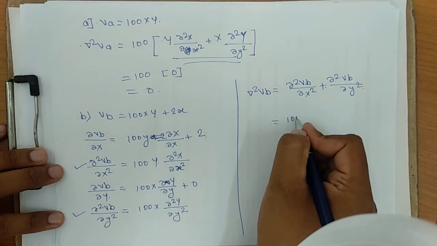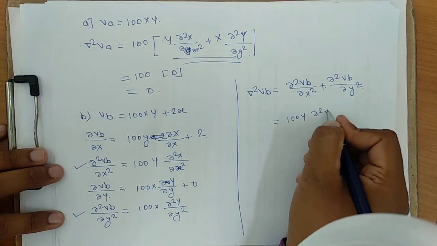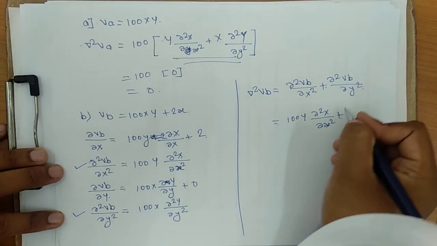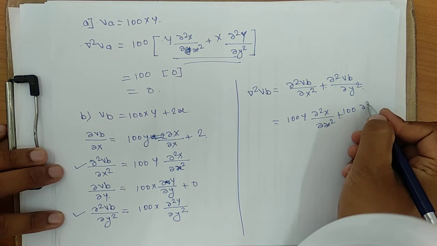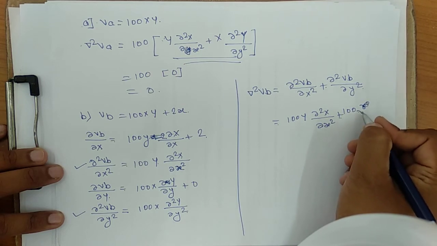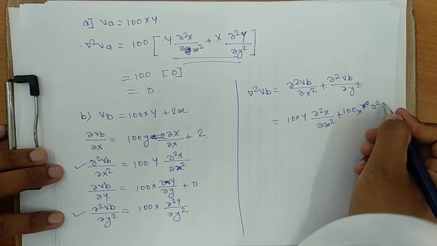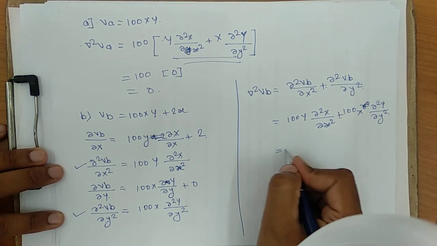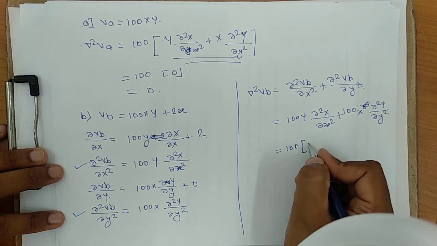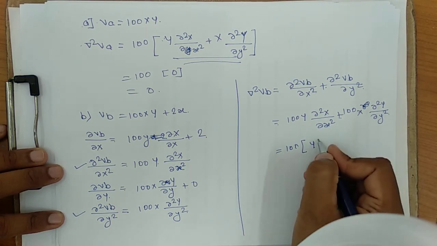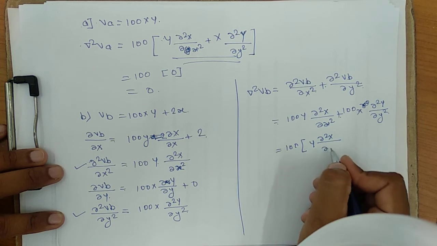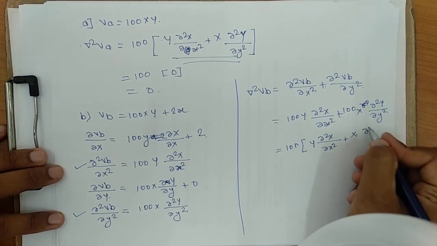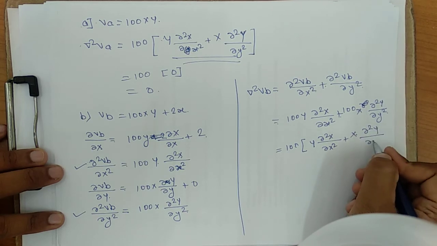So 100y ∂²x/∂x² plus 100x ∂²y/∂y². If I take 100 common, what will remain? y ∂²x/∂x² plus x ∂²y/∂y².